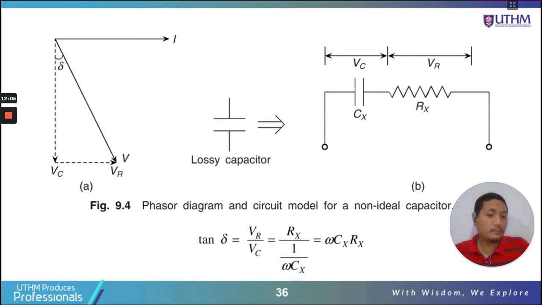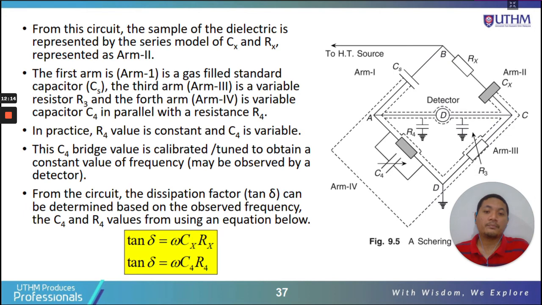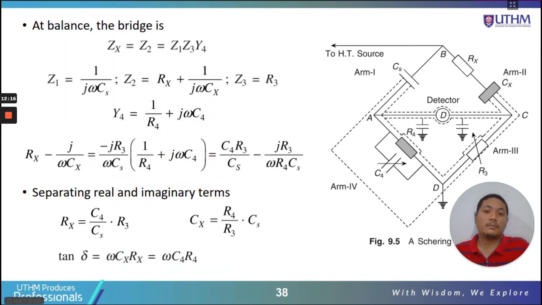Going back here, we have proven that for RC in series, tan delta equals omega Cx Rx. From here, omega Cx Rx, we replace Cx with this and Rx with this, and from that we can prove that it also equals omega C4 R4.